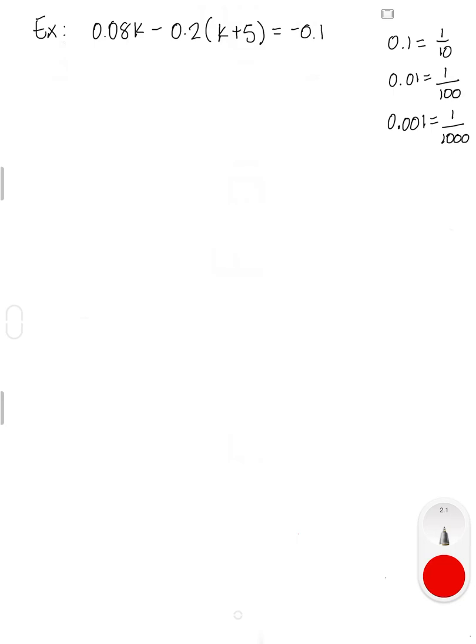So in this case, we have 0.08, which has 2 numbers after the decimal point. Then we have 0.2, which has 1. And then we have negative 0.1, which has only one digit after the decimal point.